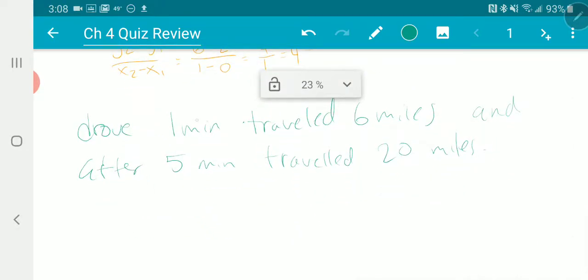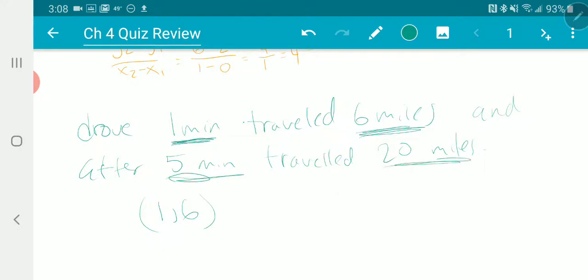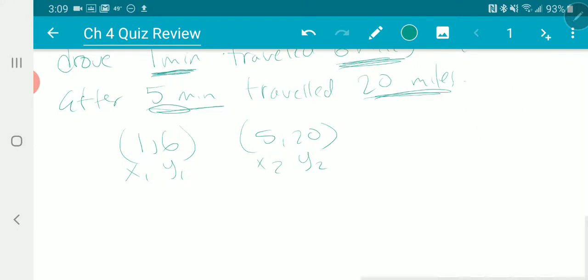You would actually have to go through and say, oh, my first point is going to be (1, 6). My second point is going to be (5, 20). And from there, if they asked me for my average rate of change, I would be able to say, oh, okay, x1, y1, x2, y2, and just plug it right in.